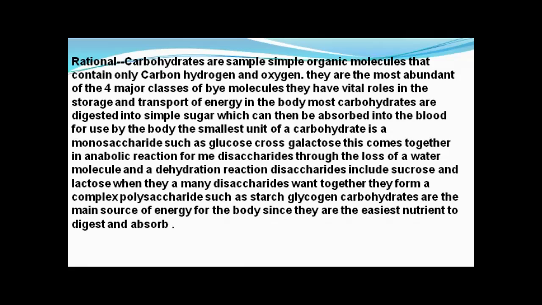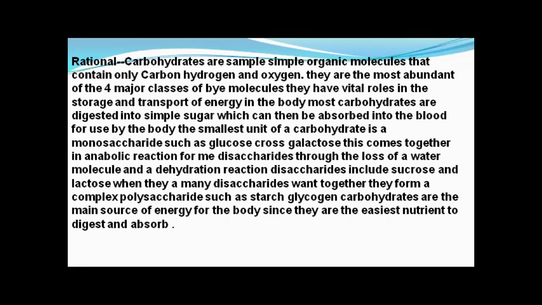The smallest unit of a carbohydrate is a monosaccharide such as glucose, galactose. These come together in an anabolic reaction to form disaccharides through the loss of a water molecule in a dehydration reaction.